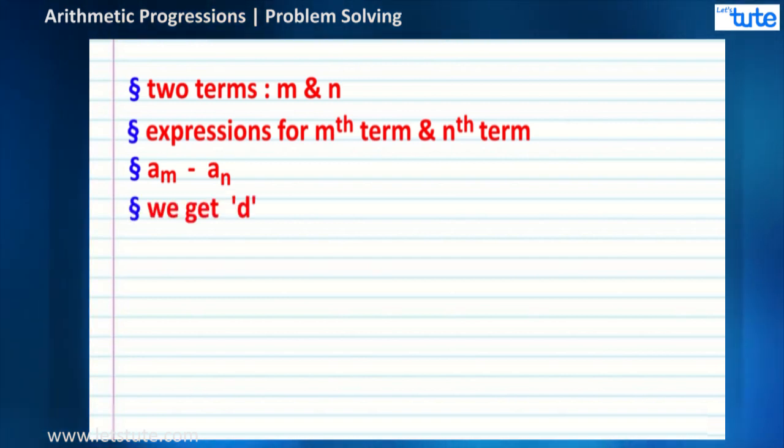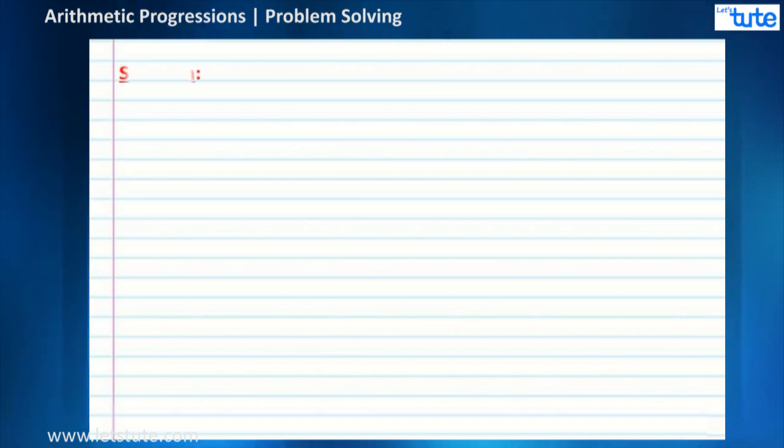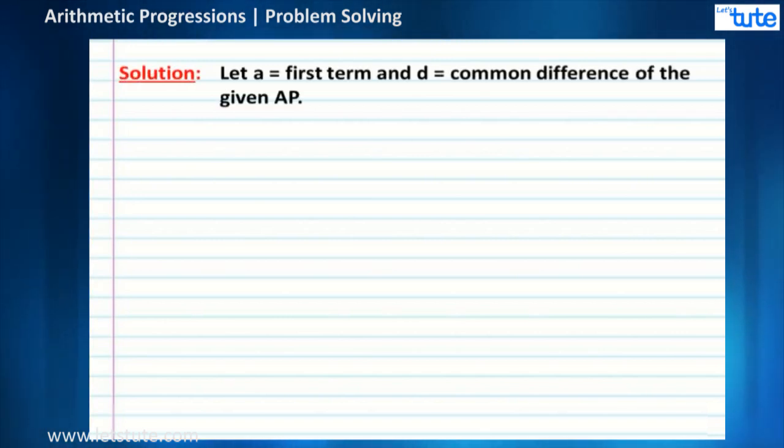By doing that, we'll get the common difference, which is d. And then let us see how we move about. So coming to the solution, we know that a is the first term and d is the common difference of the given AP. So let us write the expression for the mth term. That becomes am is equal to a plus (m minus 1) into d.